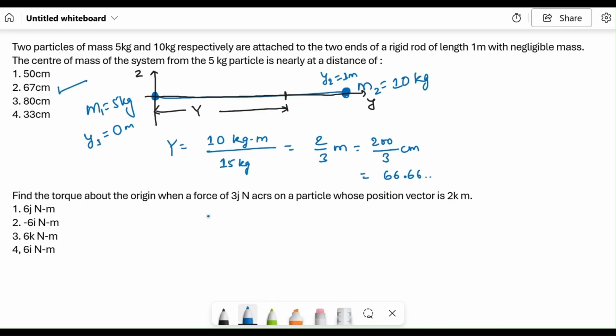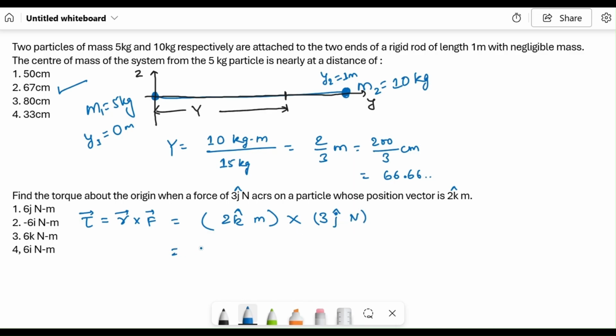Now coming to the next question. We have to obtain the torque about the origin, and force and position vector are given. This is 3j cap and this is 2k cap. So we can obtain it directly. Torque equals R cross F. R is given as 2k cap meter, cross 3j cap Newton.